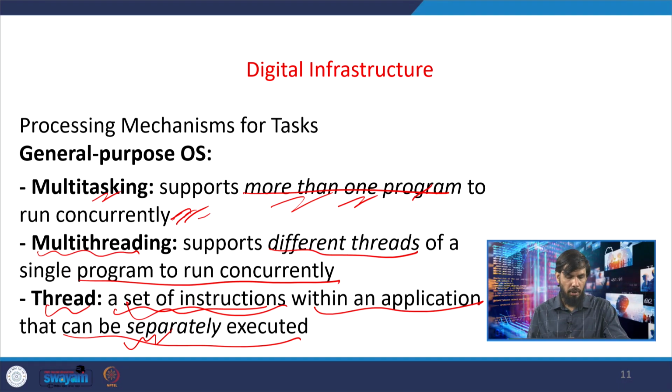With multi-processing, if there are more processing cores, we can take advantage of that. If there are sets of instructions which can be separately executed, then an operating system supporting multi-threading can be a good feature here. It supports different threads of a single program running concurrently.